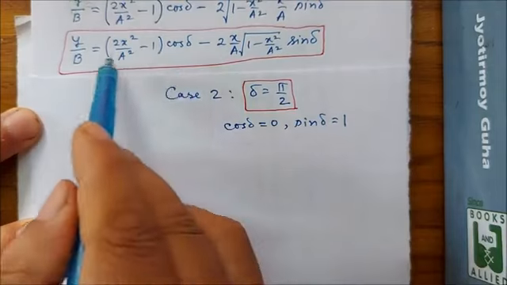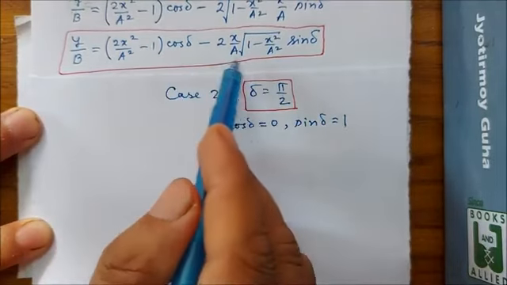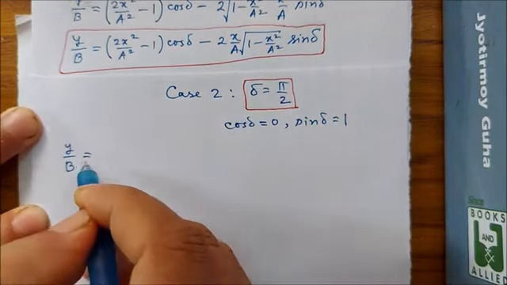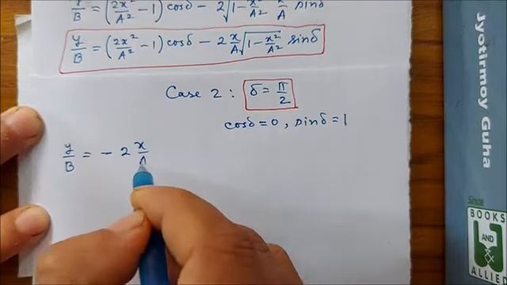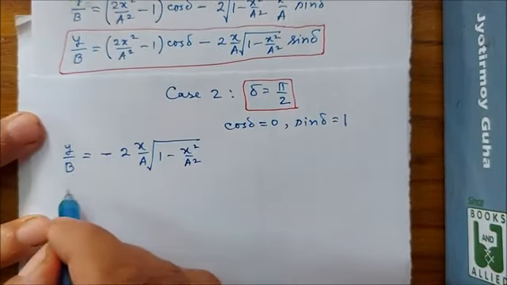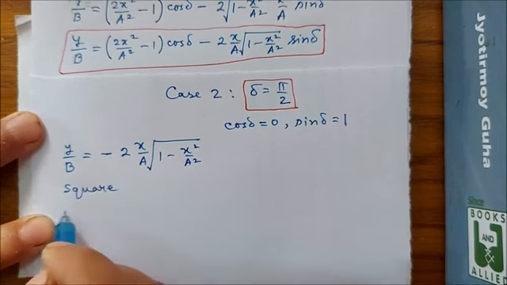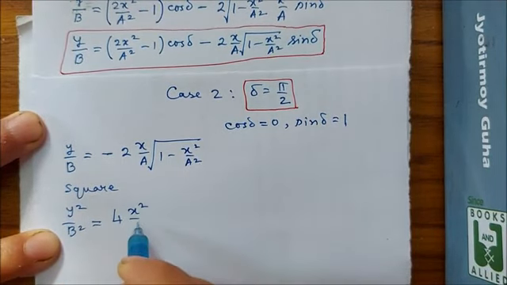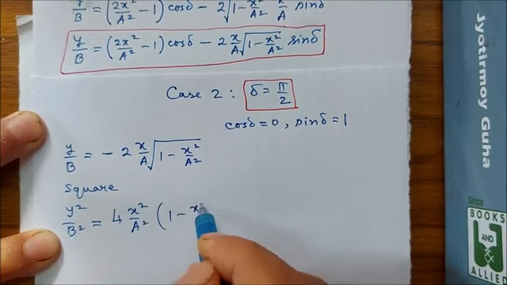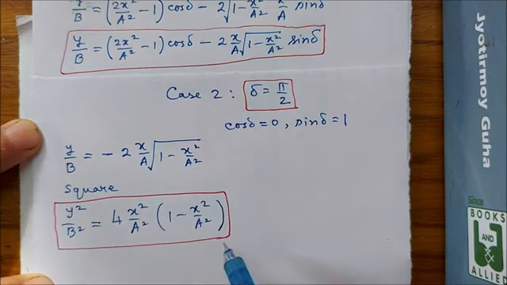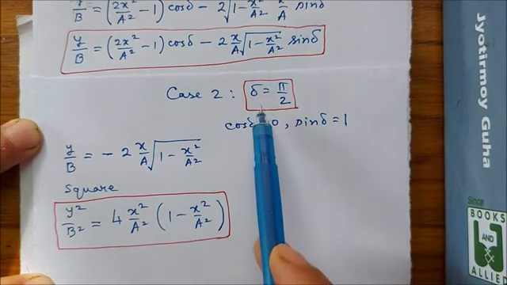Clearly the first term will be 0 and we will only have the second term, and squaring, we get the equation that we end up with.